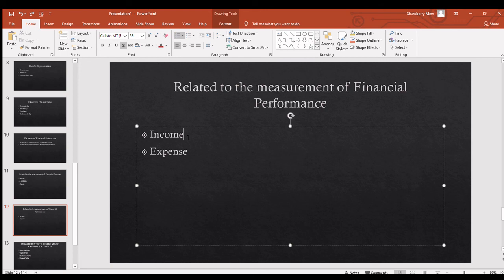So for example, kapag ang business natin is nagre-render tayo ng mga services, for example is nagre-repair tayo ng mga cellphone, so these are revenues. So kung ang business naman natin is nagba-buy and sell, so the income from selling merchandise is called revenue.